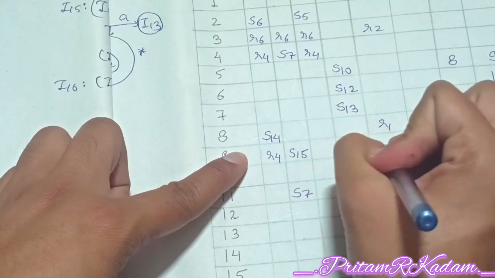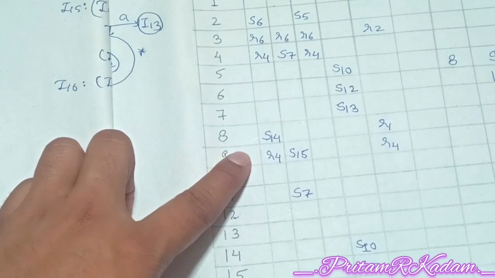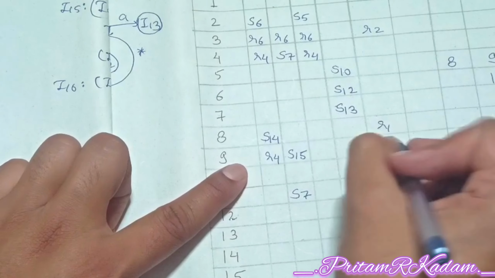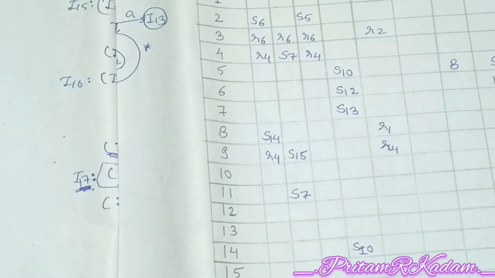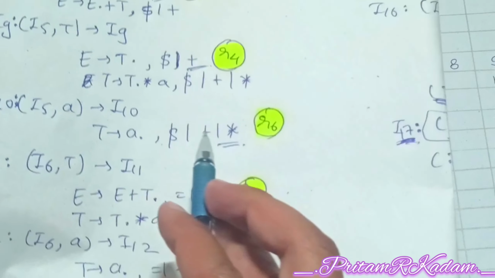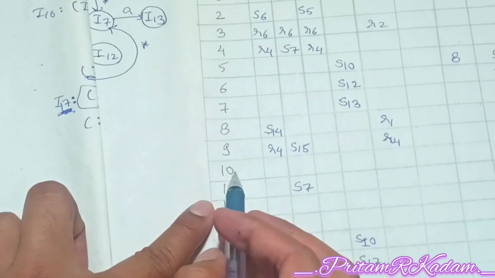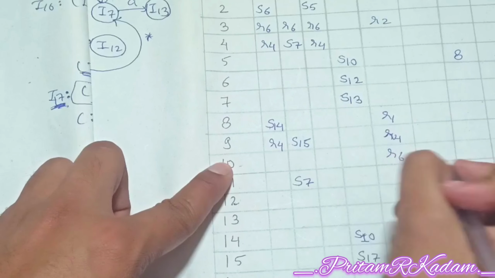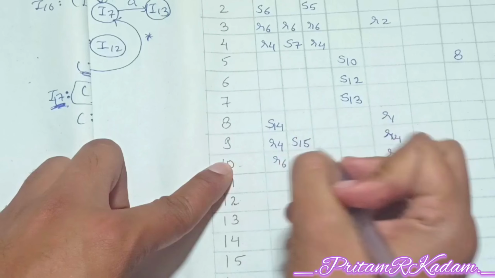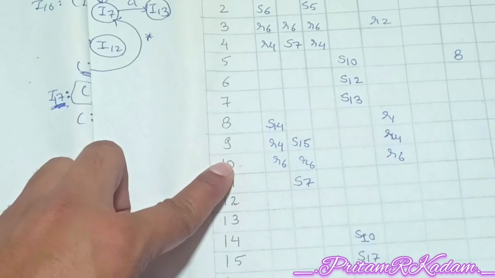R4, R4. Okay, so for the next part, let us see. We have to write R6 under dollar, plus and star.